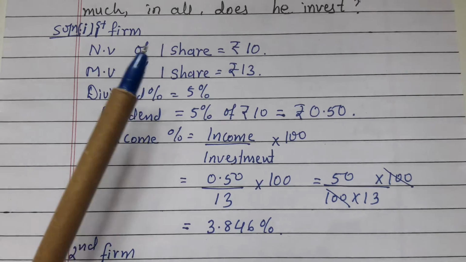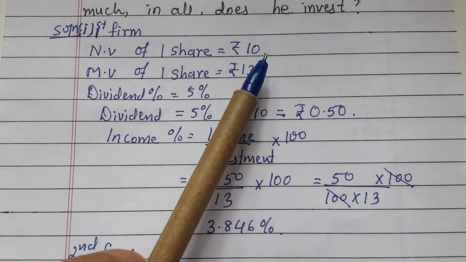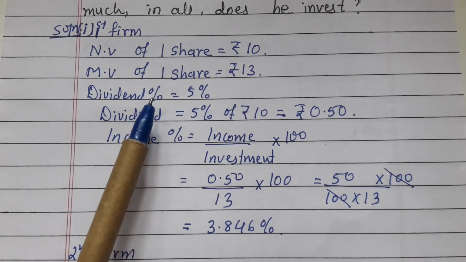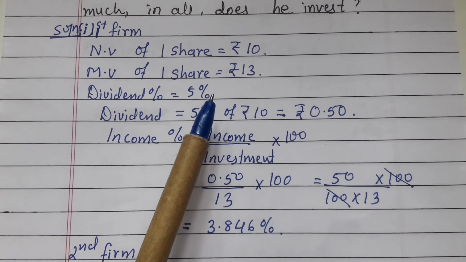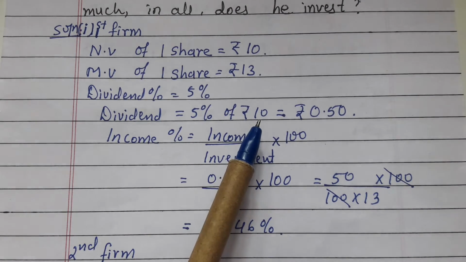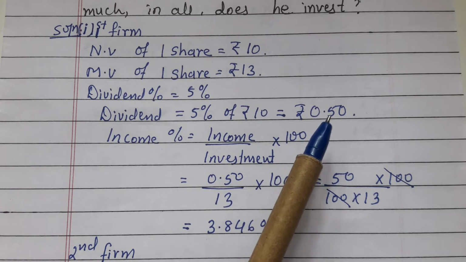First firm, NV of 1 share rupees 10, MV of 1 share rupees 13, dividend percent 5%. Dividend is equal to 5% of rupees 10, that is 50 paise.